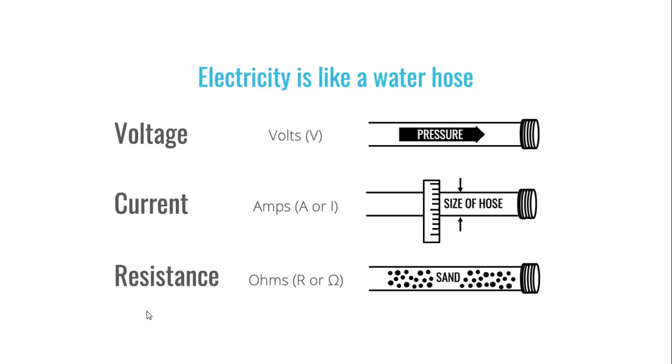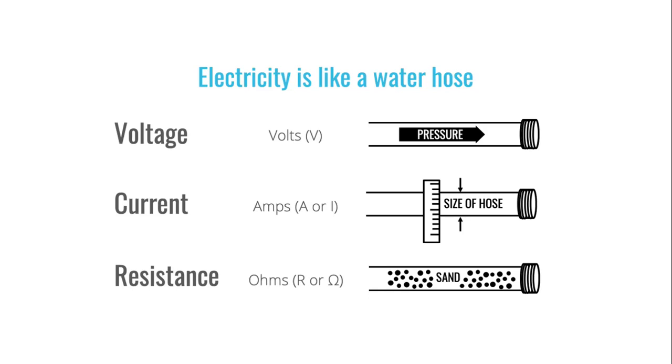And how do you compare the resistance? If you have sand particles or impurities or any fine particles present within your pipe, obviously your water will not flow with the same pressure as water flowing through an empty and clear pipe.